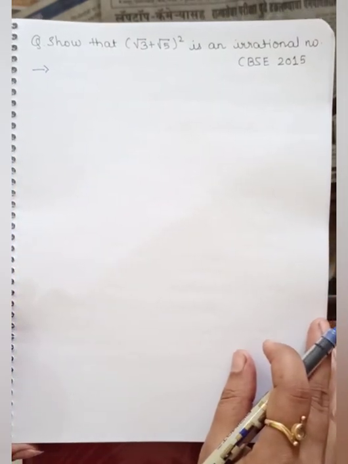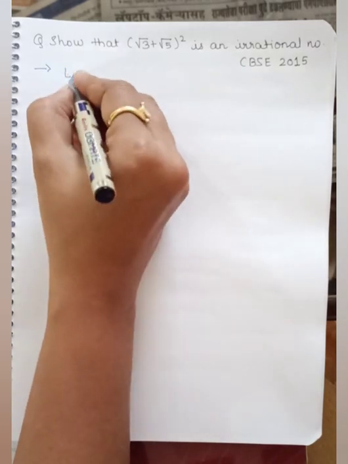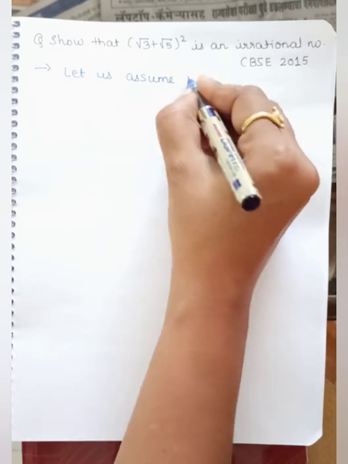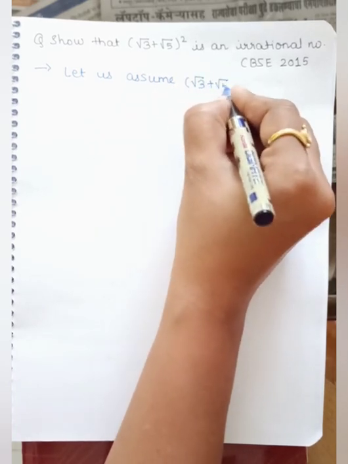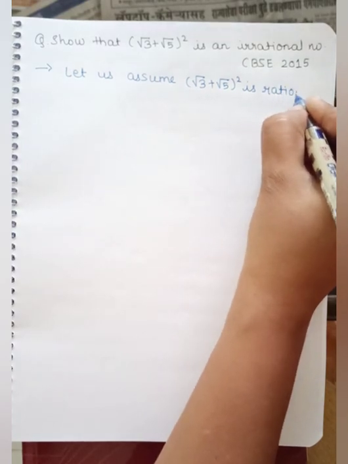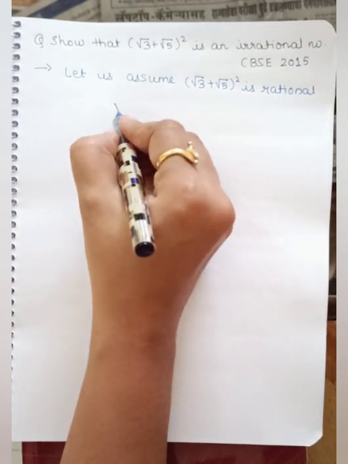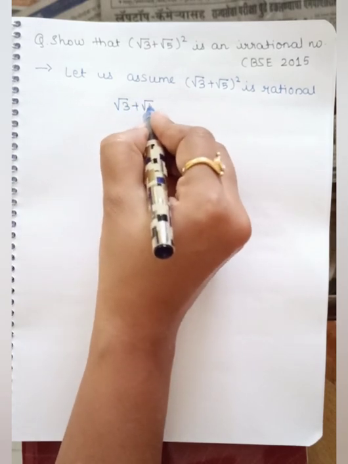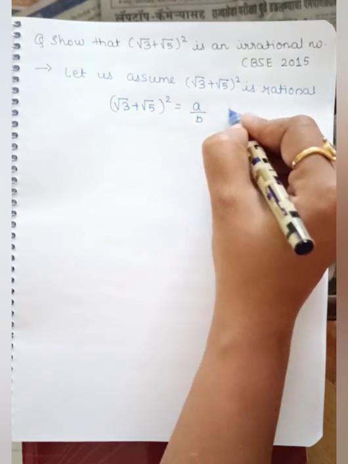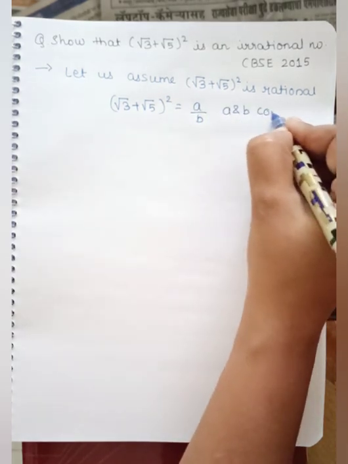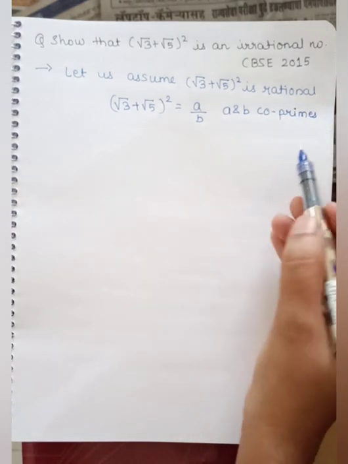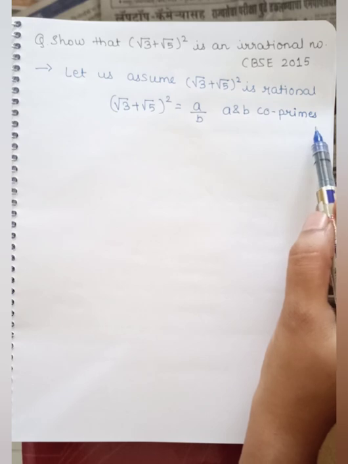The first statement would be, let us assume that the number root 3 plus root 5 bracket square is rational, which means it can be written in the form of a by b, where a and b are co-primes. Don't forget to write each and every statement which is needed; writing this statement is also equally important.